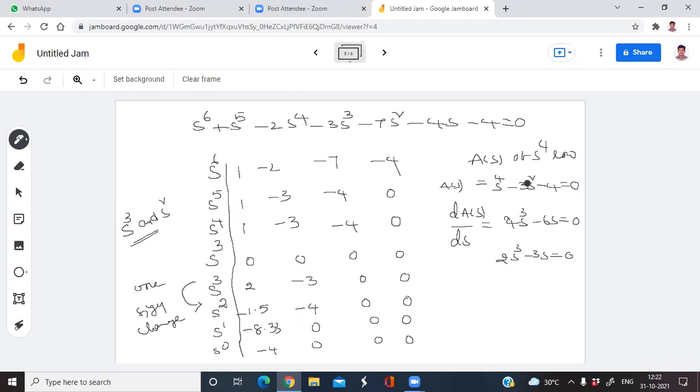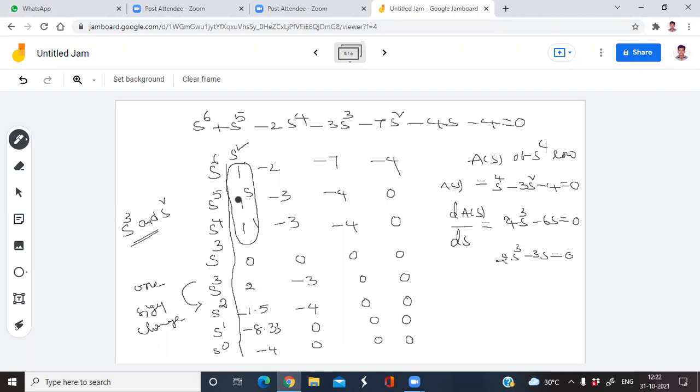With this auxiliary equation, you will get 4 roots. For the remaining 2 roots, just look at these elements. My requirement is only 2 roots. That means s power 2, s, and this is 1. That means s square into 1, s into 1, and this is the constant value. That's why you have to write s square plus s plus 1.